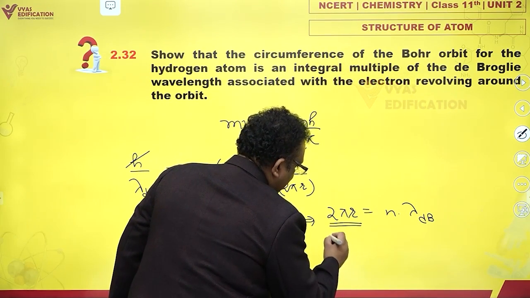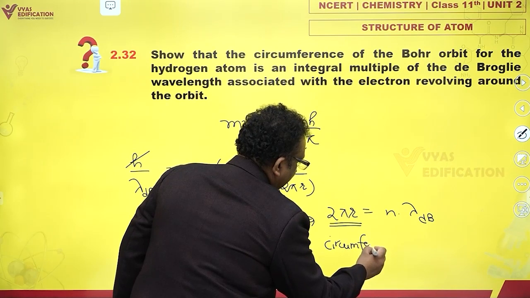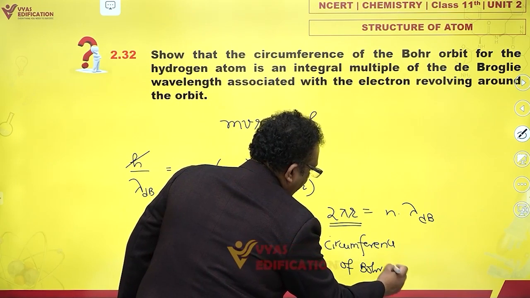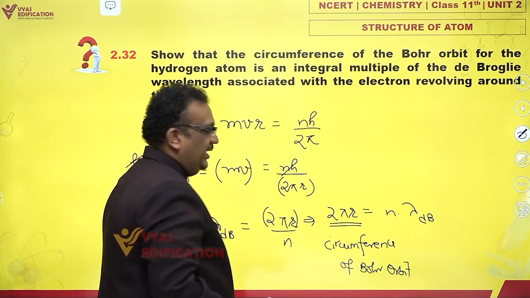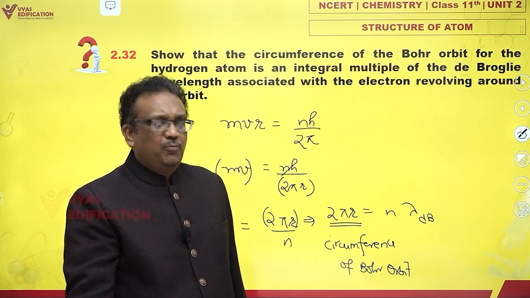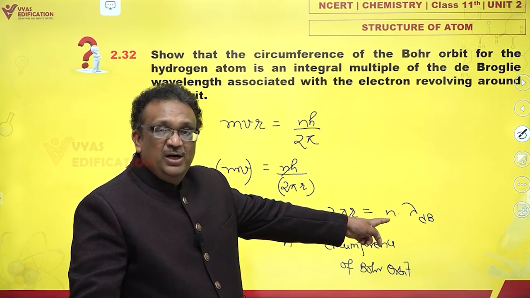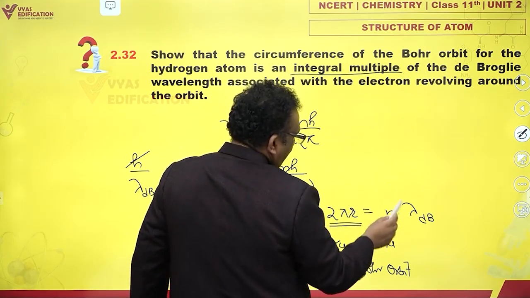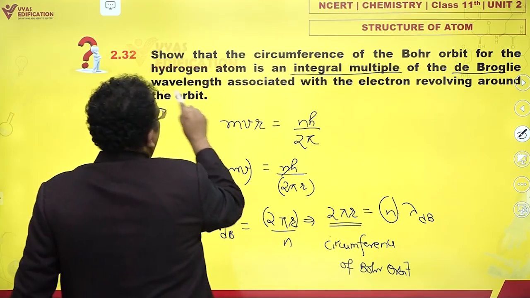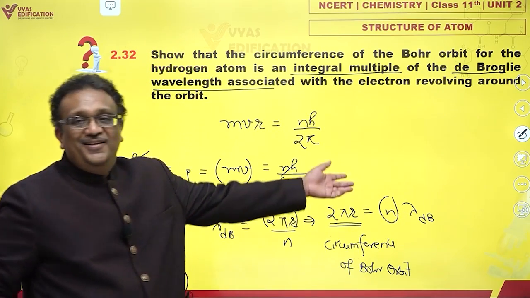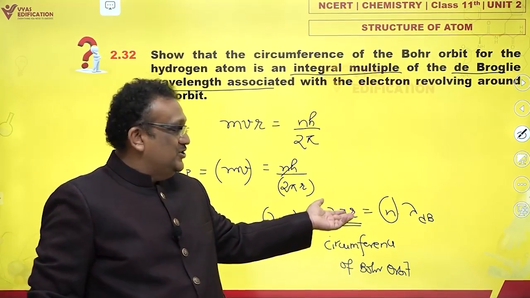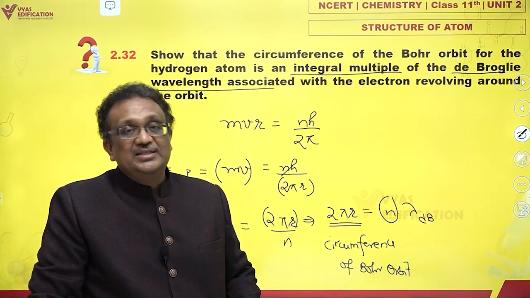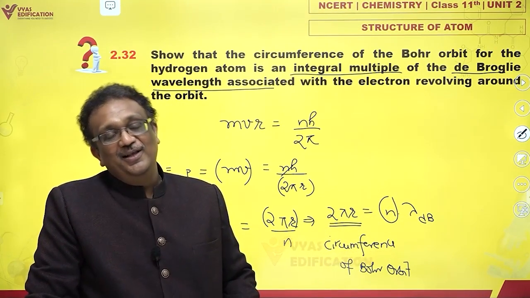This is the circumference of Bohr orbit. 2 pi r is the circumference of a circle, which is nothing but a Bohr orbit, and that is an integer multiple, n times lambda de Broglie. It is an integer multiple of the de Broglie wavelength associated with the electron. There we are, and it fits in so beautifully, and that's how we see that there is, although unintentional, a consistency between Bohr's theory and de Broglie's proposal.